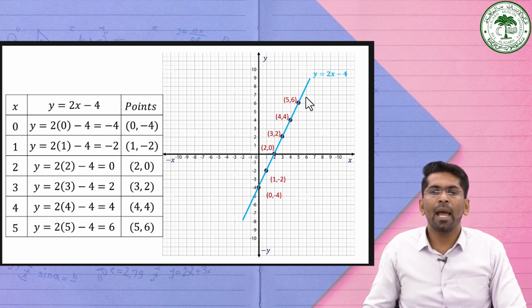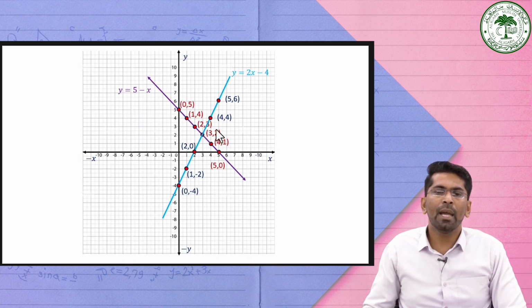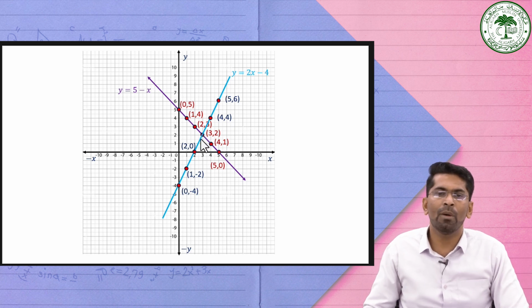Once we have two different graphs, we are now going to join these two graphs together. So we have the intersection point here. This is the intersection of both graphs. And at this intersection point, what is the value of x? The x value is equal to 3 and the y value is equal to 2. So the coordinate point is 3 and 2.